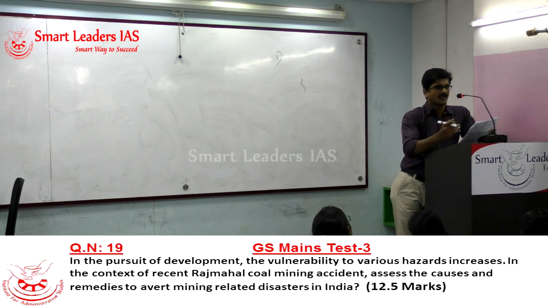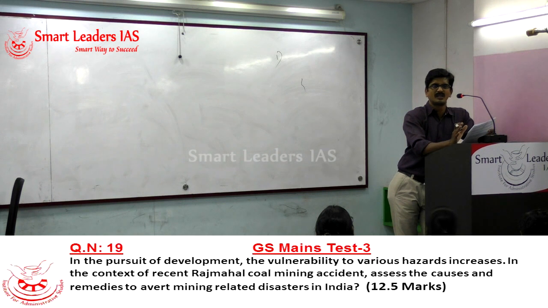So there are many new accidents to be considered, like road accidents, mountain road accidents, loss of lives. Even the way we maintain health infrastructure is also a disaster. So try to see the word disaster in multiple dimensions. That way we can expect a question from unexpected areas.